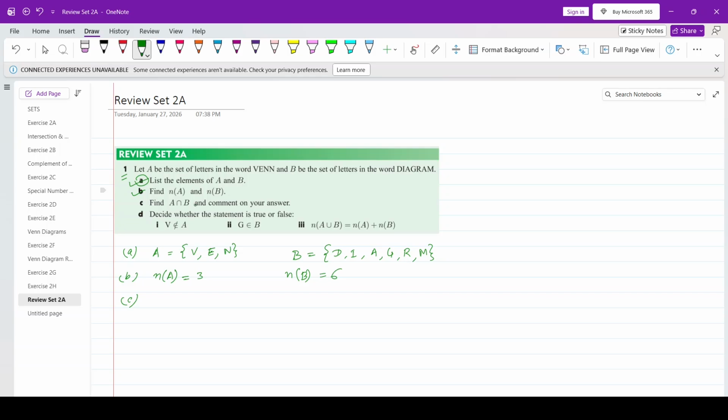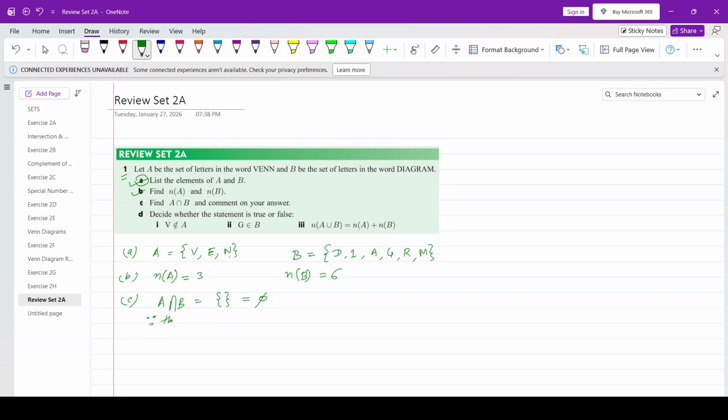Find A intersection B and comment on your answer. So A intersection B is going to be, let's take a look. V is not present here, E is not present here, N is not present here. So A intersection B is going to be an empty set, which is denoted by this symbol.